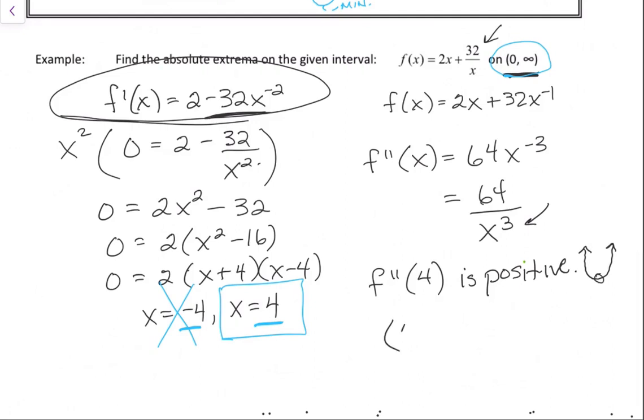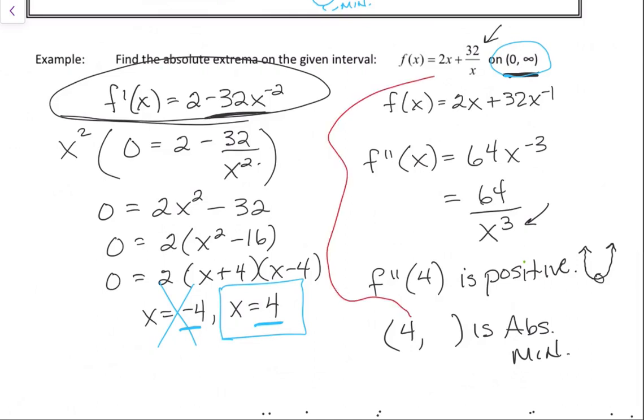So that means that 4, along with its y value, is an absolute minimum for that function on that interval. Now, if I replace 4 back into the original function to find the y value, I'm going to get 8 plus 8, so my y value would be 16. So there's my absolute min.